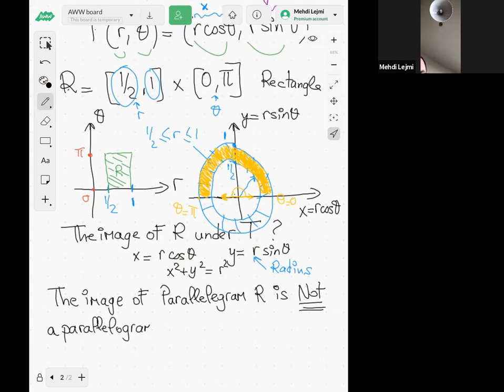Actually, the image is the half, or the top, of the annulus. So of course, T is not a linear transformation.